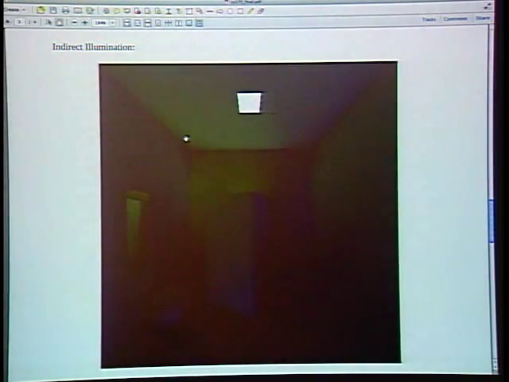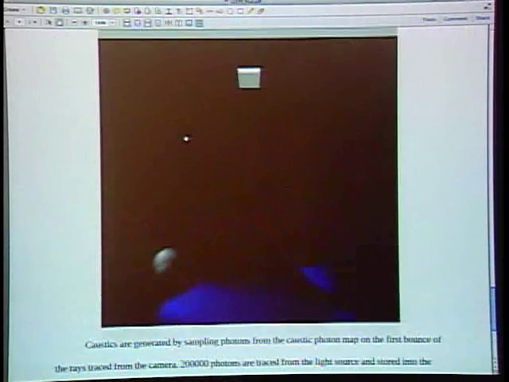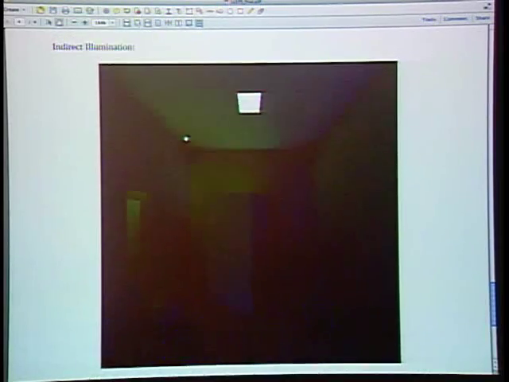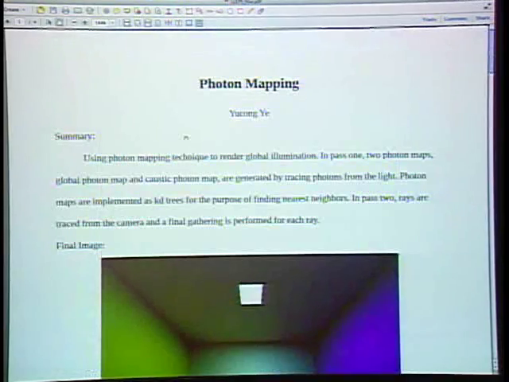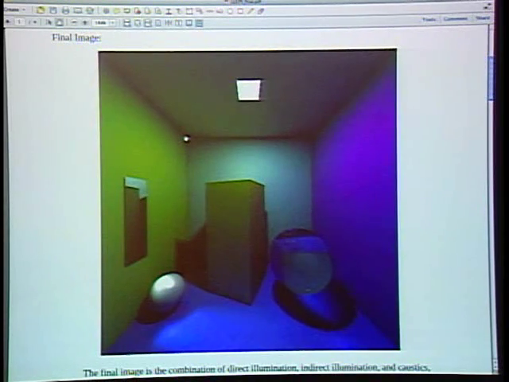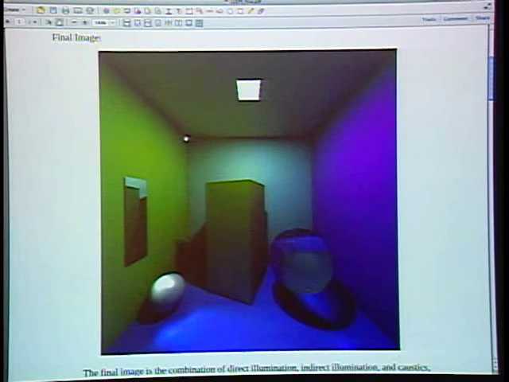And then that's the caustic map. So you can see those highlights from the mirror and the refraction of the glass ball. And then it becomes this picture. You can see this blue color bleeding is from the photon map.